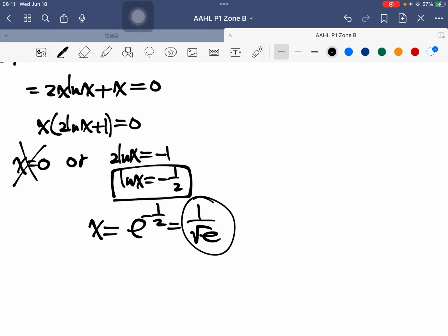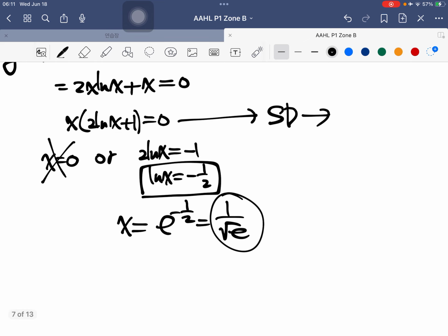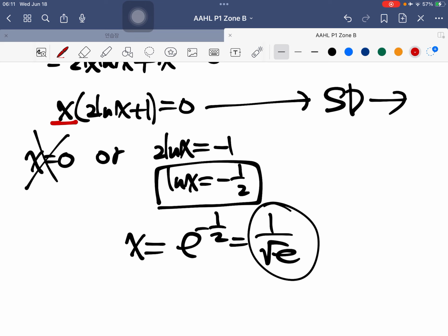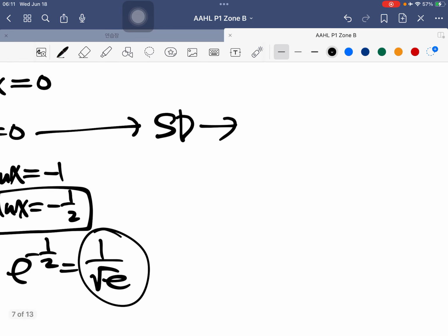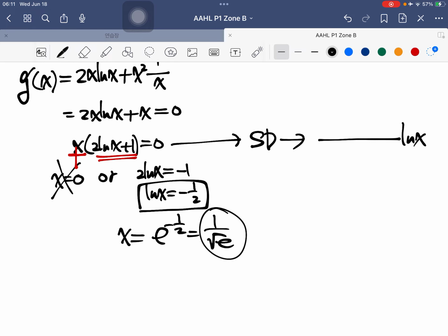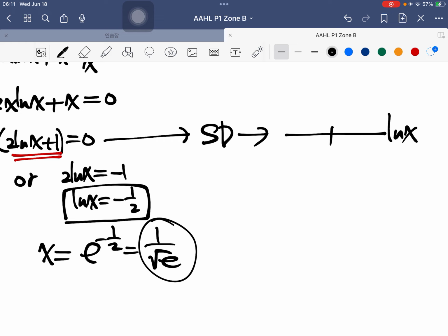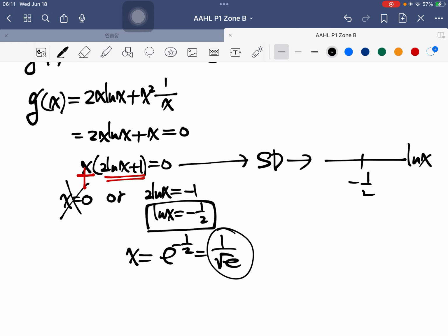To make sure this is a local minimum, we can think of a sign diagram. Because x is greater than 0, x is always positive, so we only need to consider the other factor. So we can put ln of x over here. 2 ln x plus 1 equals 0 at negative 1 over 2.